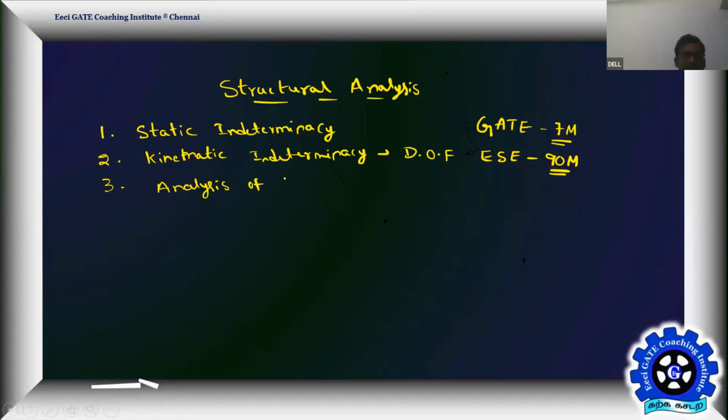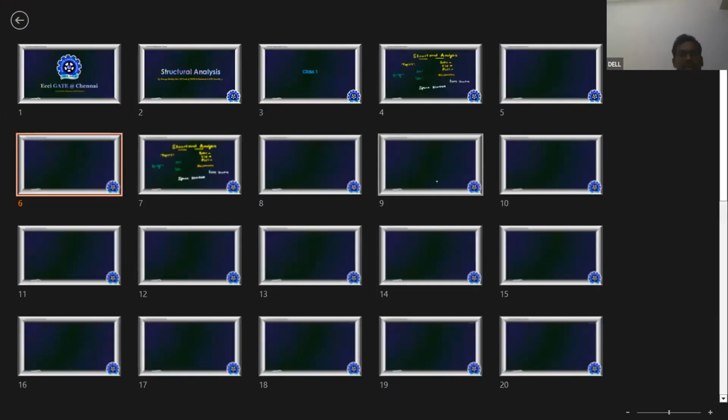What are trusses? Can you please tell me what is the meaning of trusses? Trusses are nothing but pin jointed members. In trusses, every element is connected by a pin joint. Pin jointed structure, we can also say.